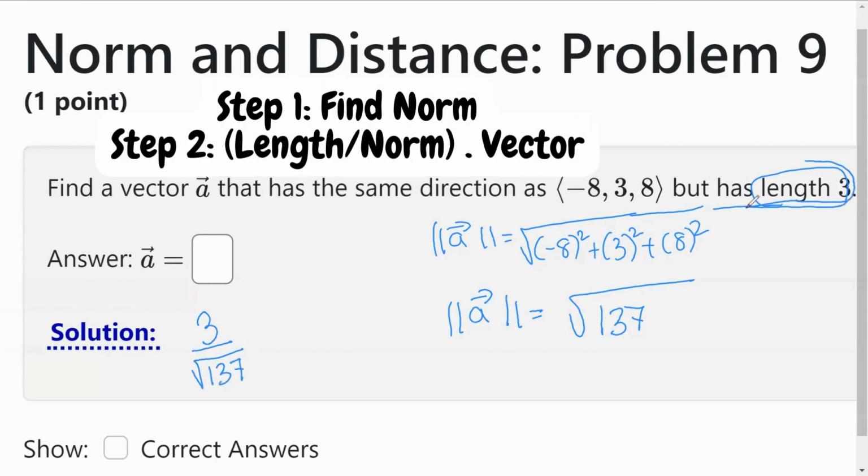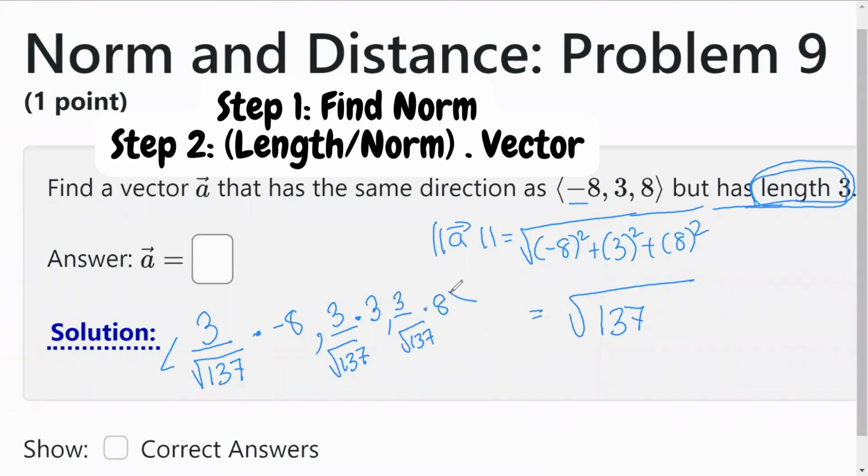I have to do 3 divided by the norm times my vector, which is -8. Then for the second one, 3 for the length divided by the norm, which is square root 137, times my 3, and for the third, 3 divided by the norm times my vector, which is 8.